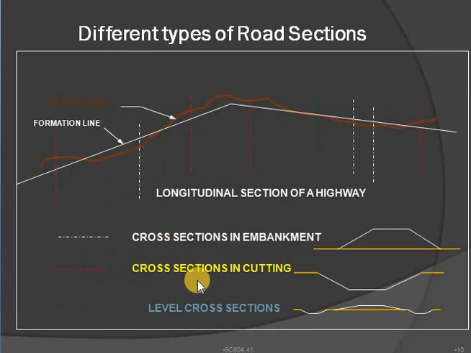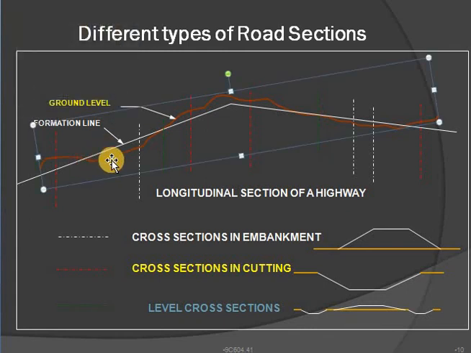So we can see the diagrams now. So different types of road sections. So you can see the orange color, brown color line which is there. So you can see this one is ground level. Okay, so this is nothing but the ground level, the line is nothing but ground level you can see. And this is the formation line, the dotted lines which are there, these are nothing but formation lines.